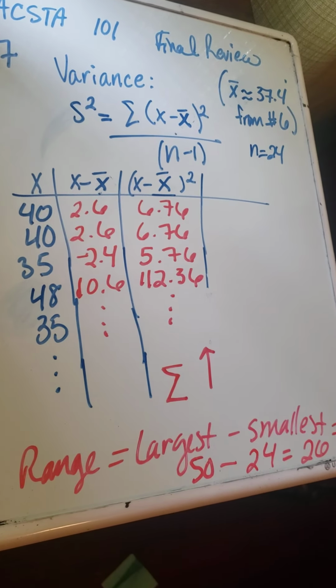So if you take all your data values, subtract the mean of 37.4 from each one, and then square each of those differences, you would get approximately 659.84.